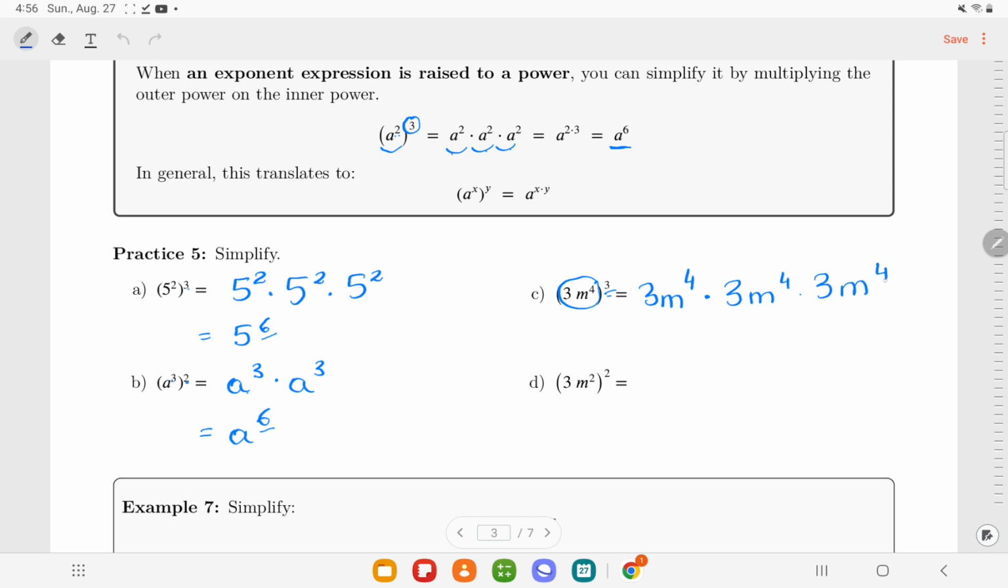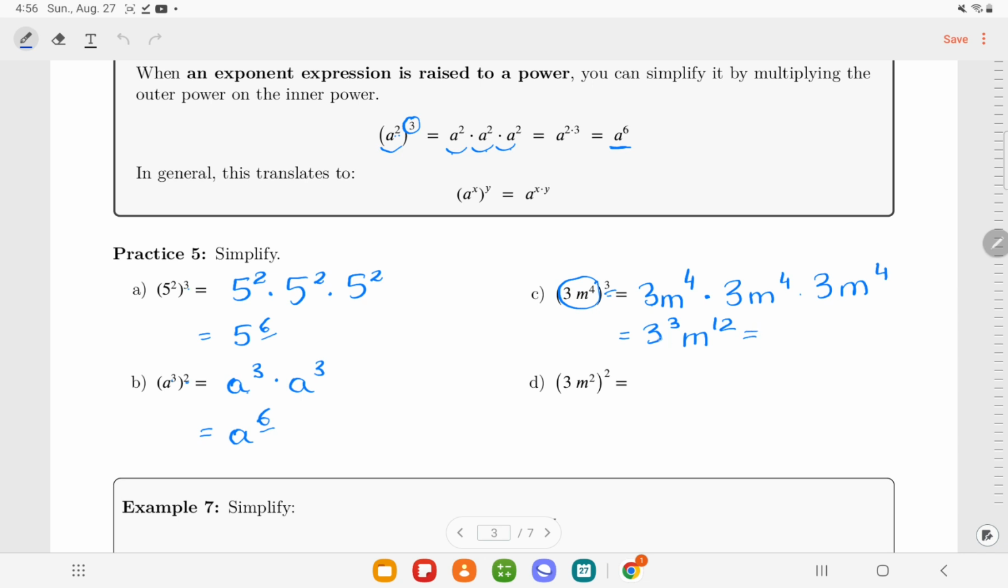All right. Now we have 3 times 3 times 3. We can write it as 3 cubed, or we can write it as 27. And then we have m: keep the base, we add the exponents, so 4 plus 4 plus 4 is 12.